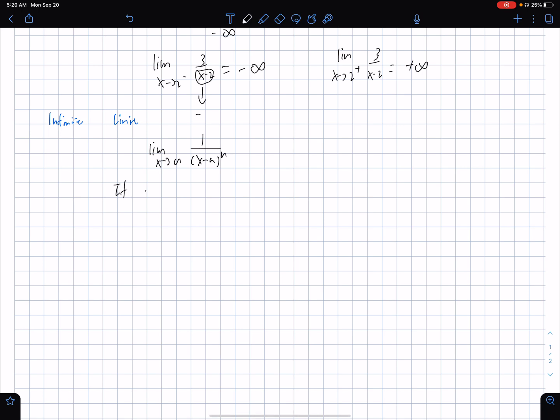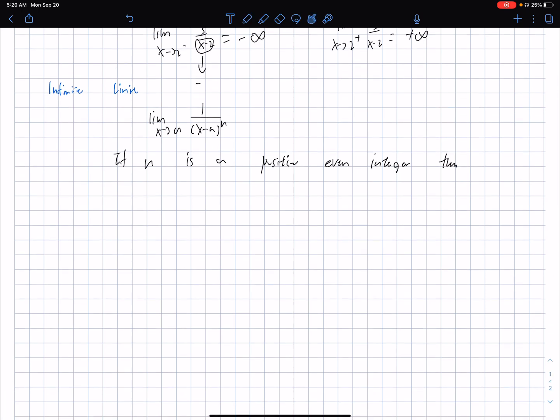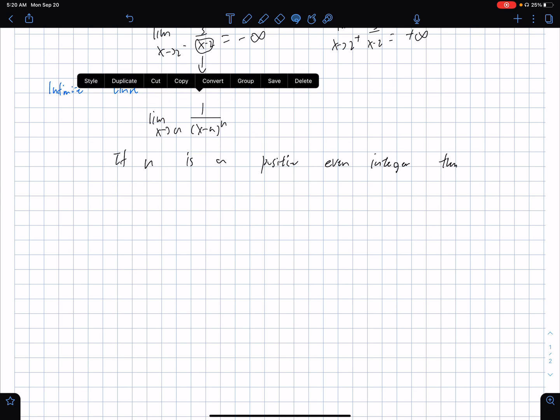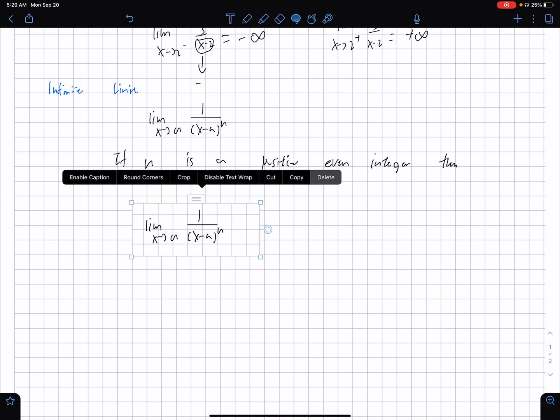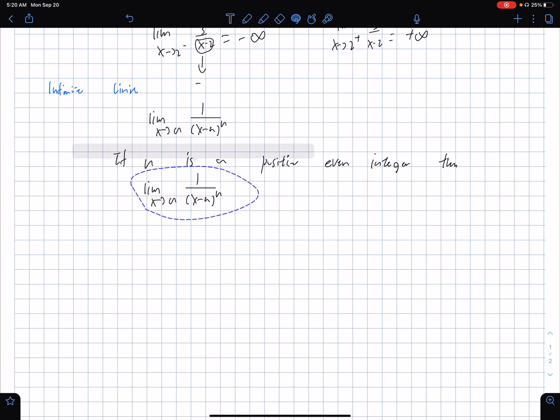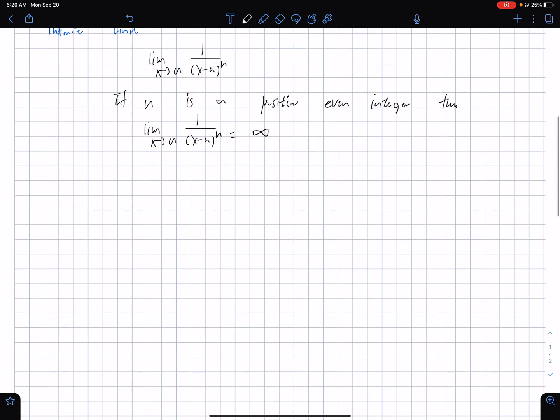If n is a positive even integer, then this here would be positive infinity.